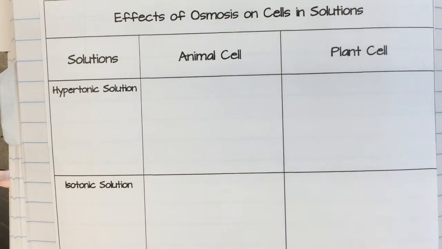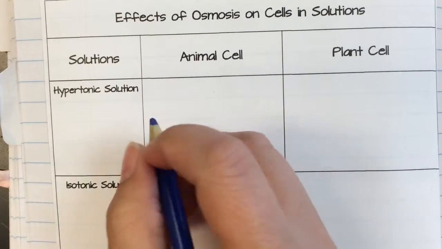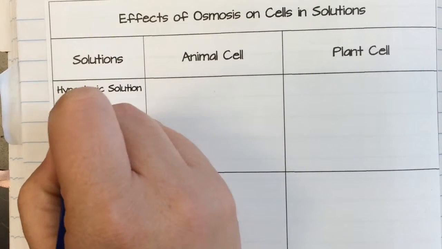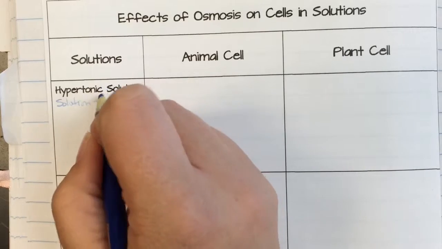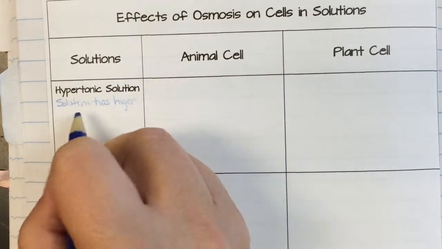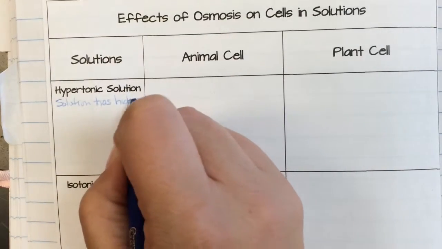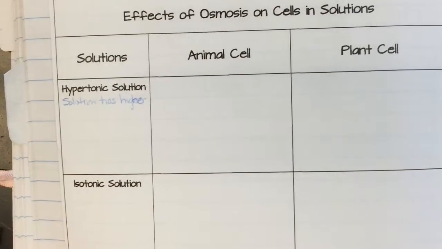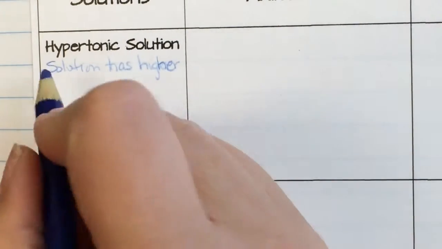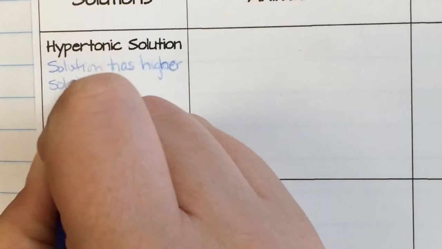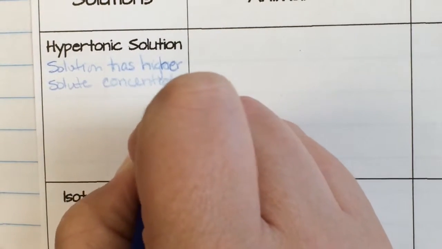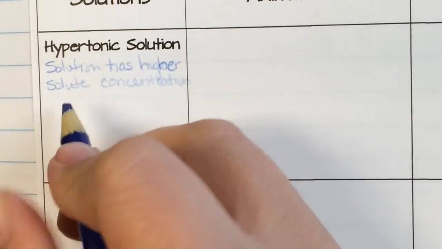So let's put the definition of hypertonic solution: the solution has higher, H-I-G-H-E-R, sorry I can't spell today, and let me zoom in on that one for you so you can see a little bit better. Solution has higher solute concentration, and if you don't know what that means, I'm going to explain it in a minute.